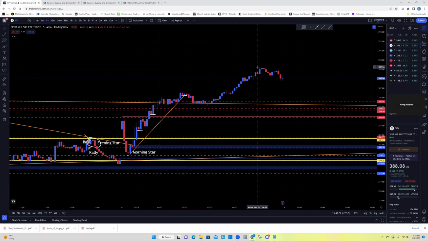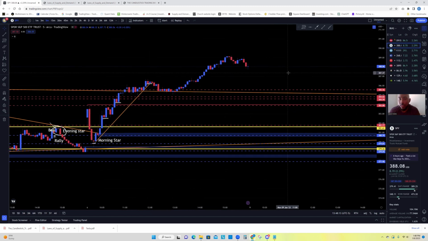That's a strong zone because it moved really far away. The average true range for SPY as a stock is 6. So it typically moves about 6 points a day up or down. So this moved almost 10 points. That's a strong zone there. So if it ever does come back down here, we can recognize this as a strong zone.